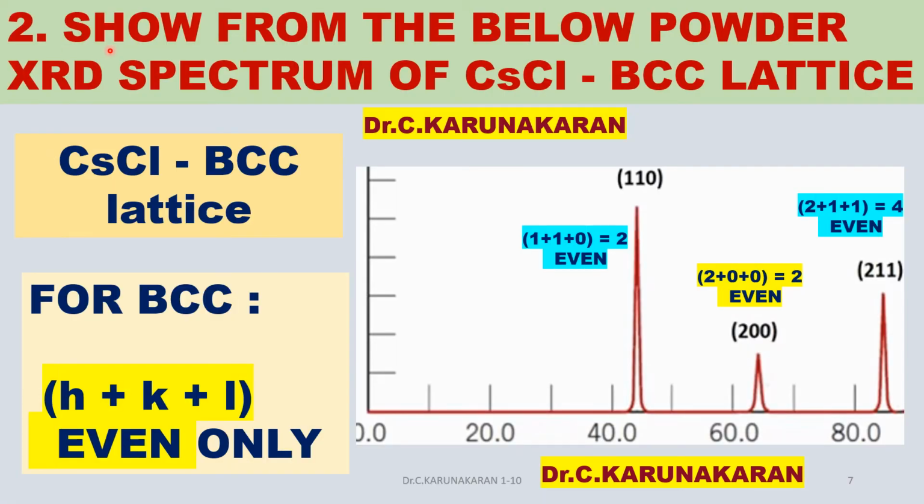Let us study another problem: from the below powder XRD spectrum of cesium chloride. We have already studied that cesium chloride has a body-centered cubic lattice structure. This is the powder XRD spectrum obtained for polycrystalline cesium chloride sample.